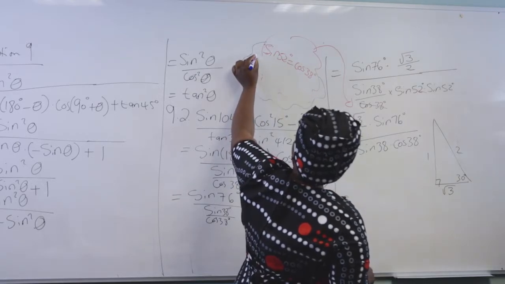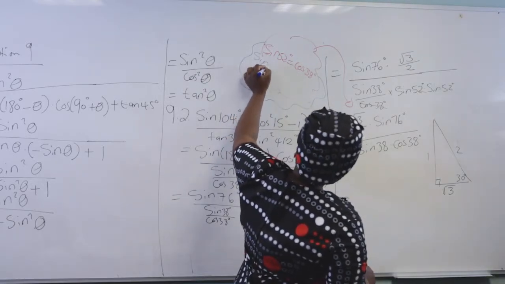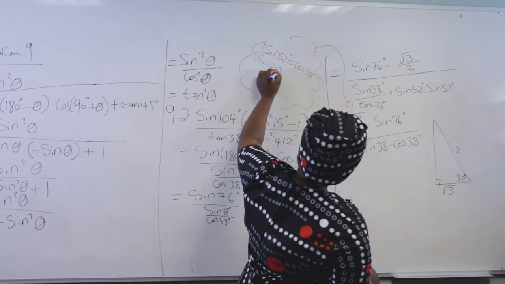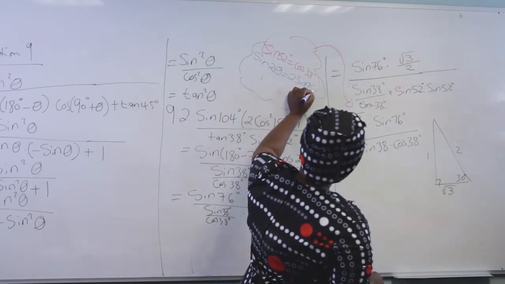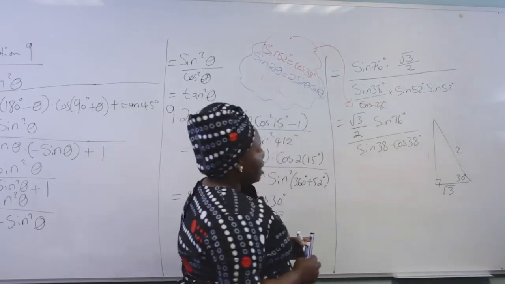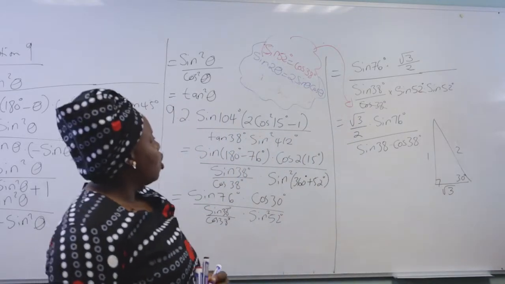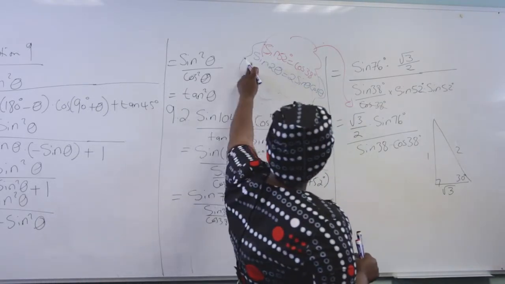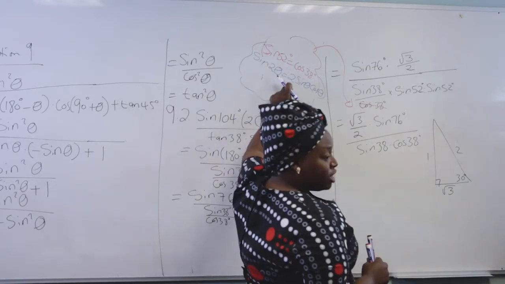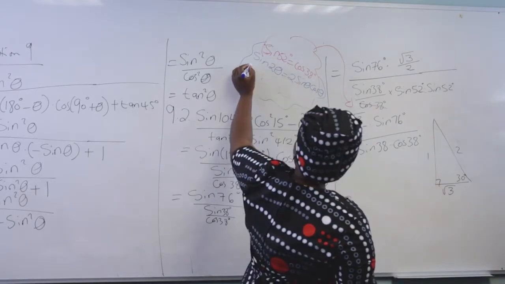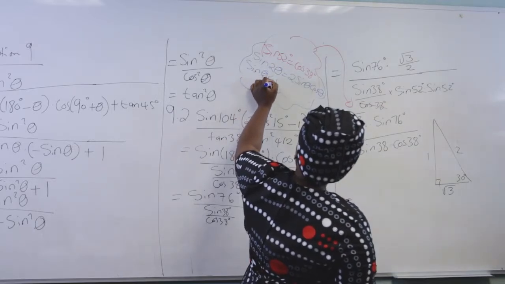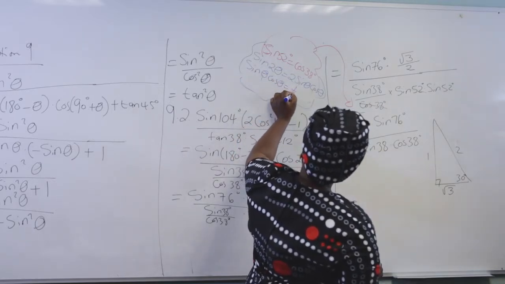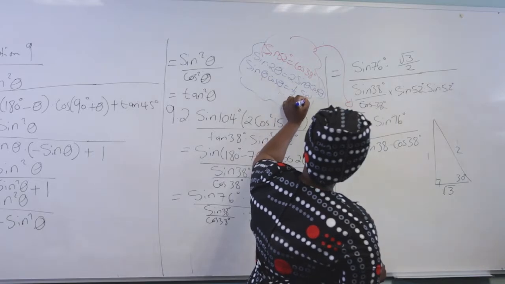It is sine 2 theta equals 2 sine theta cos theta. Now, if I have sine theta cos theta, it means I divide both sides by 2. So I'm left with sine theta cos theta equals half of sine 2 theta.